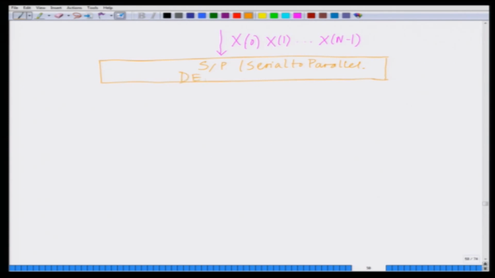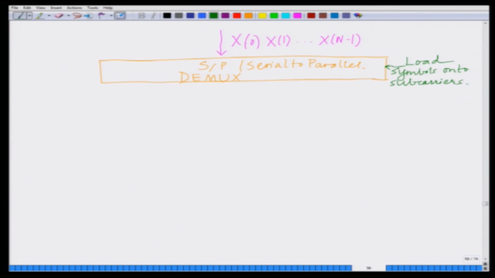This is also known as a demux or demultiplexing operation, which is basically to load the symbols onto the subcarriers. So, we are starting with a serial to parallel operation.